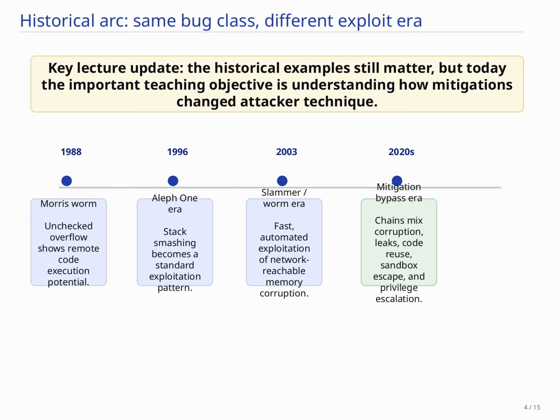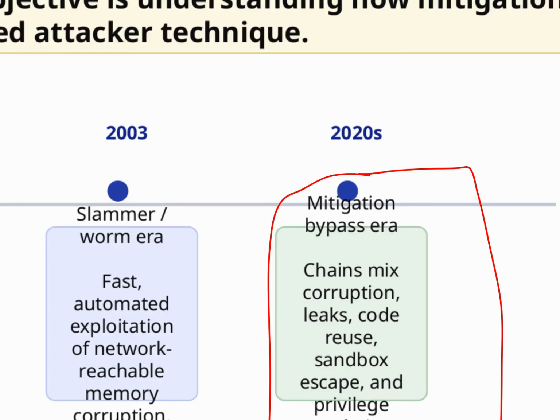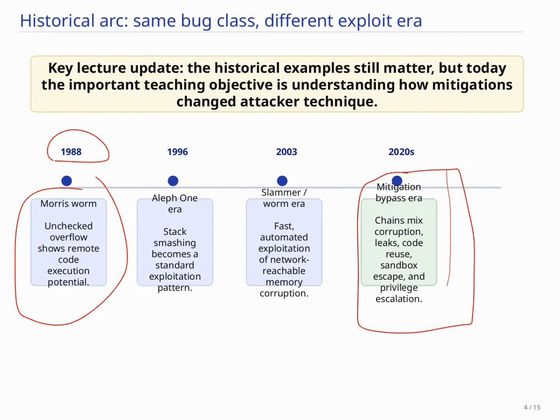So from the previous era where the Morris worm was created, until the mitigation bypass era, which means that these chains mix corruption, leaks, code reuse, sandbox escape, and privilege escalation. These are the new ones after the 2020s. Okay, this is the current era that we are living in.